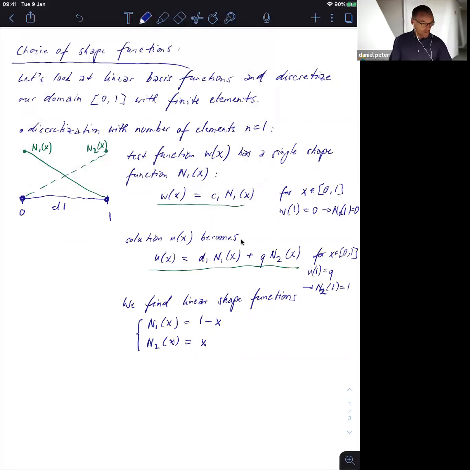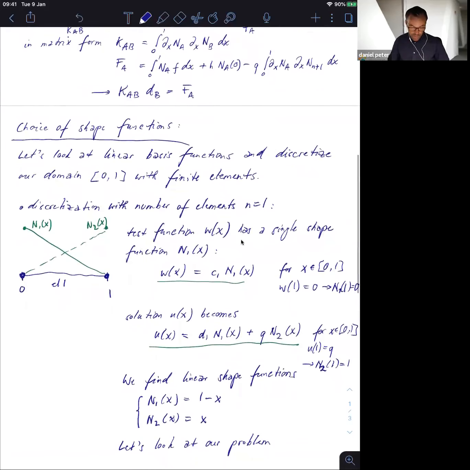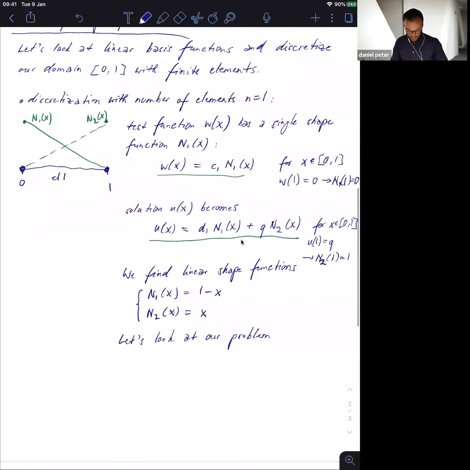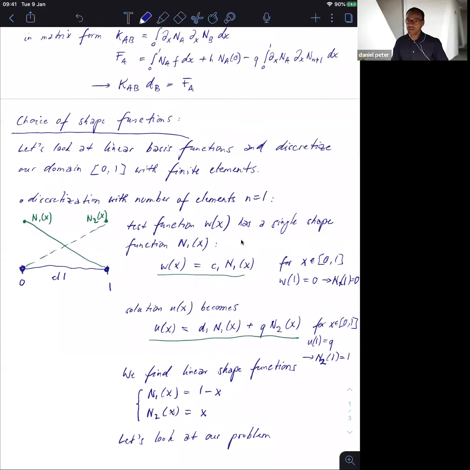So let's find the matrix. Let's look at our problem. We had here the expressions for the matrix element K_AB, the stiffness matrix, and for the force vector. So let's look at K_AB. What are A and B?